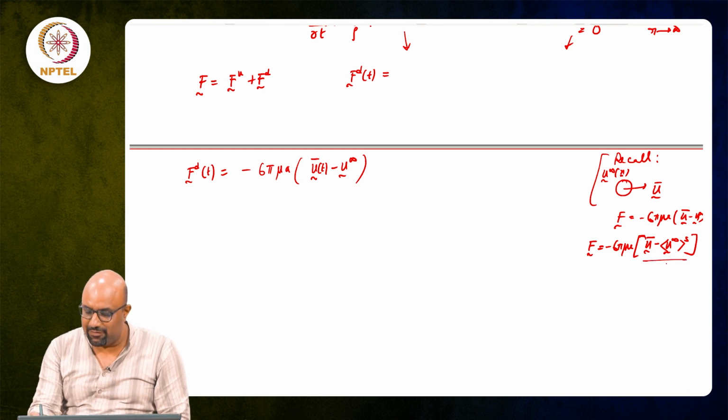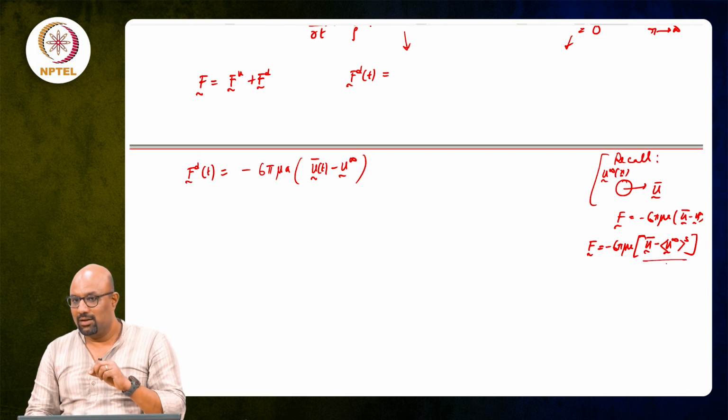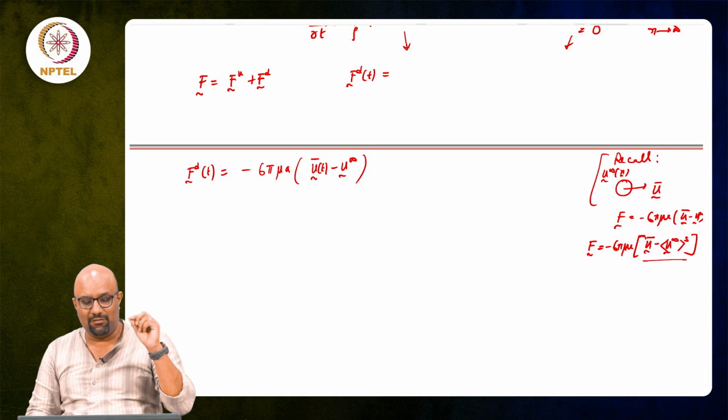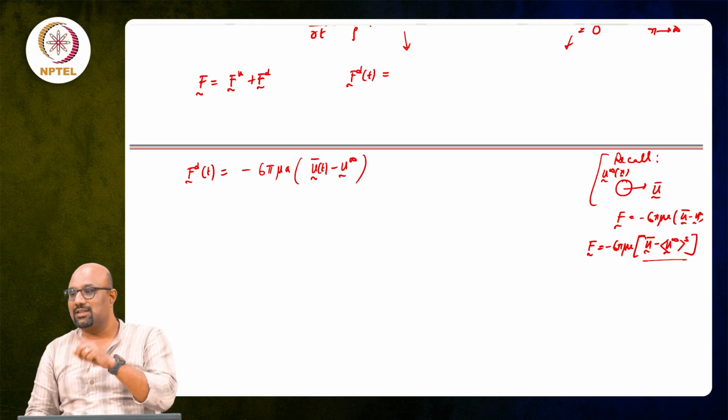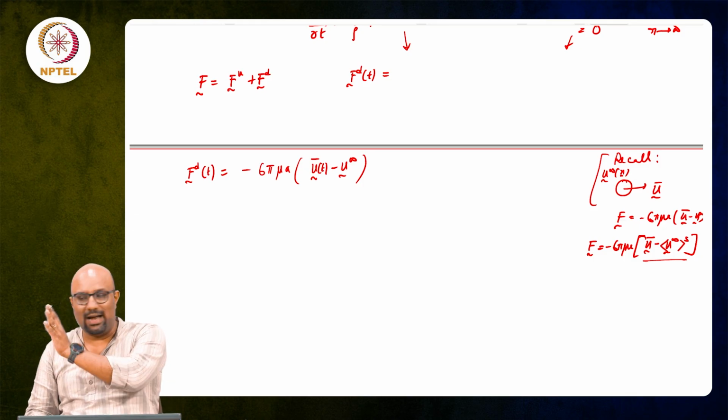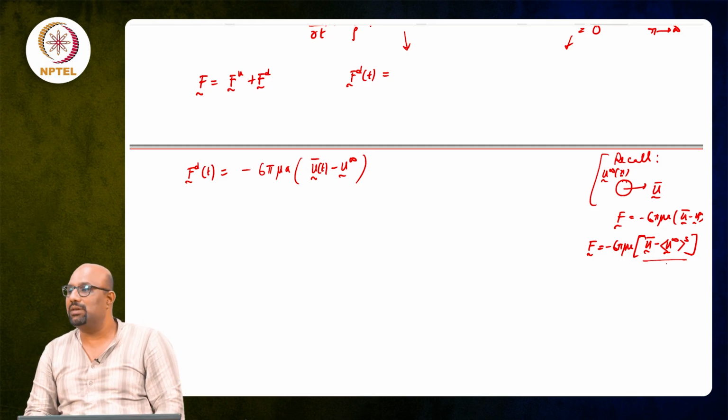So, this drag force is not the velocity of the undisturbed fluid at the center, but rather the undisturbed fluid averaged over the surface of the particle. If you evaluate it at the center, you need to include the Faxen's correction, which is basically doing a Taylor series expansion and finding out that there is a Laplacian term that comes about.